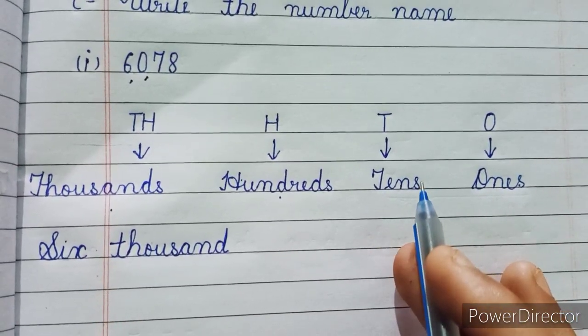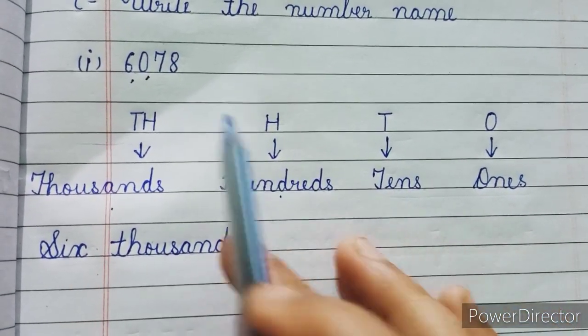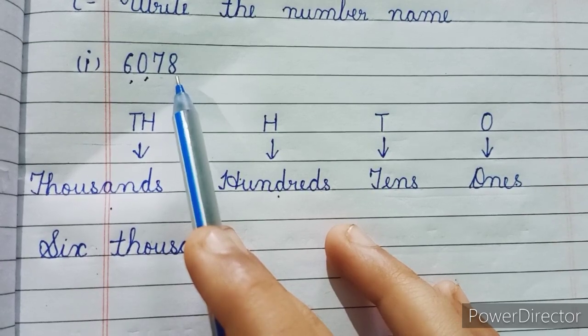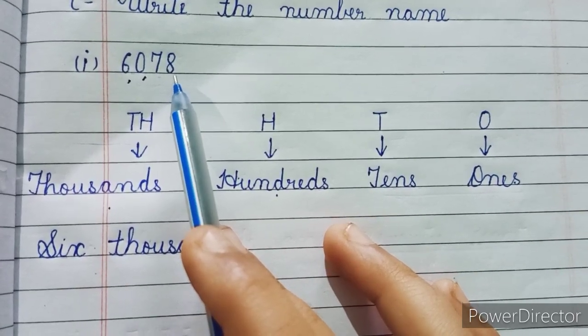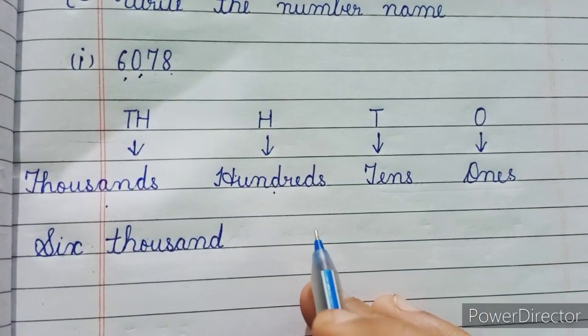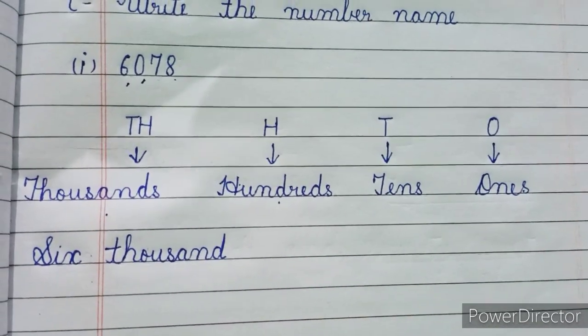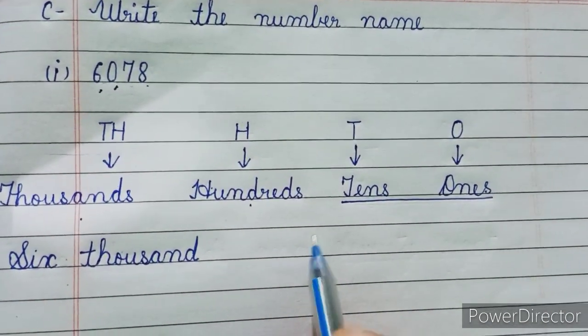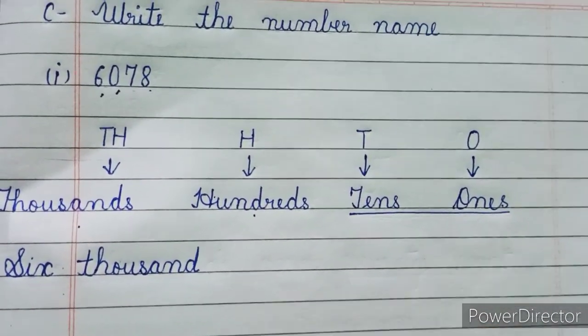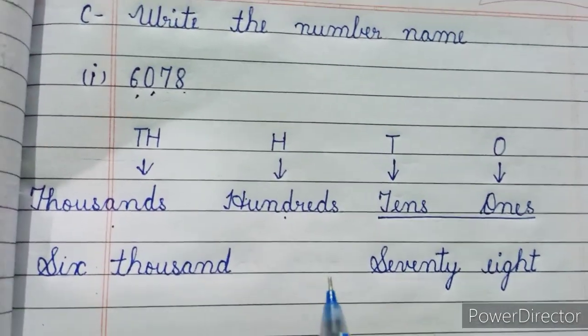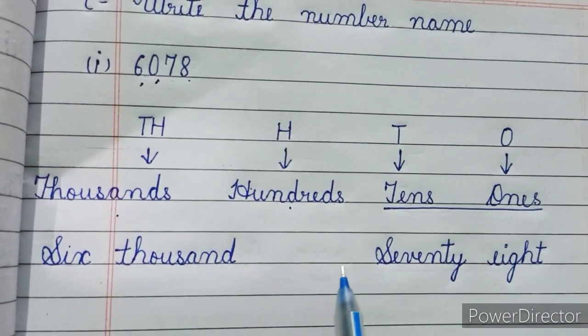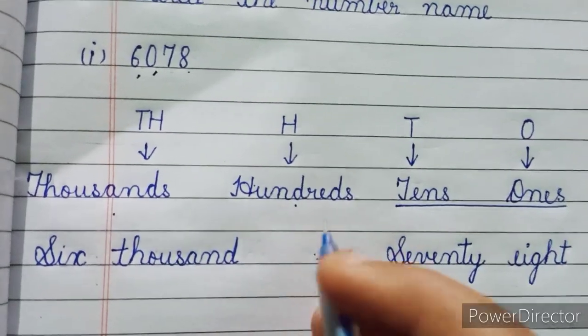Okay? What do 7 and 8 make? Yes, 78. So we have to write here 78. Now we will add "and" in the middle.